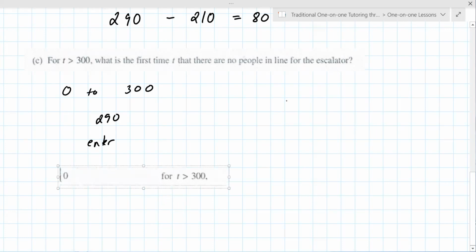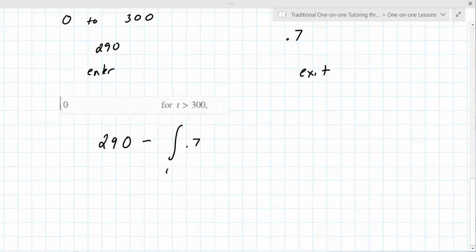But the exiting is always 0.7. That's always its rate. It's kind of like the last one. It's 290 minus the integral of 0.7, but this time you go from 0 to some value, which we'll call x for the moment.